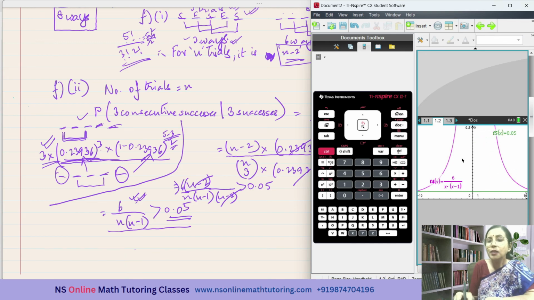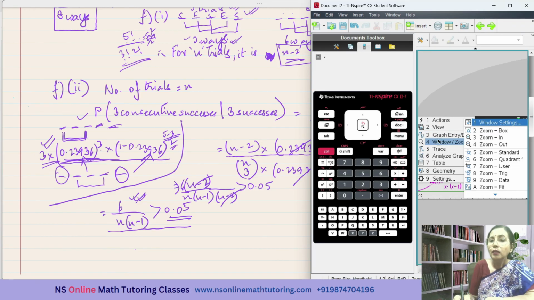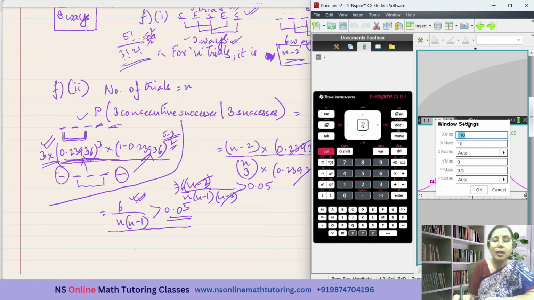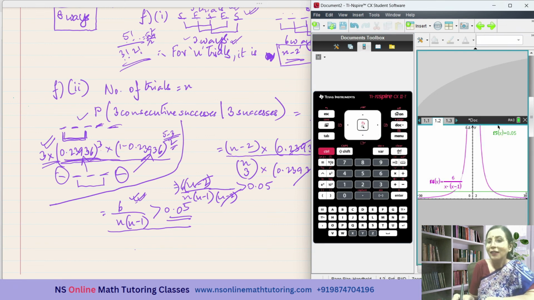Fine. I have to change the x settings as well, I'm seeing. So I can take the window settings x as negative 30 to 30. Let's see. Yeah, it's working.